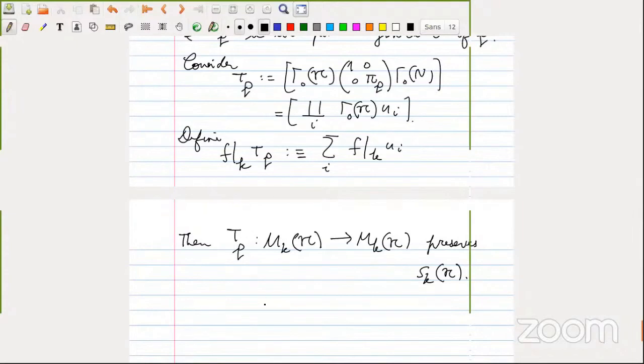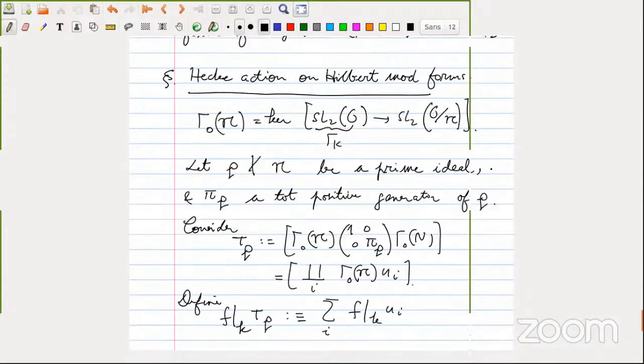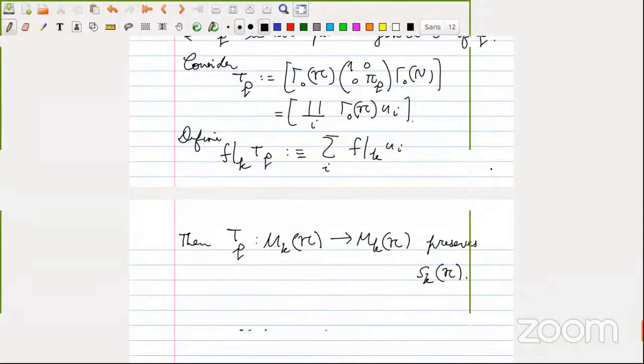I forgot to mention, it's a little bit more involved to define other operators.